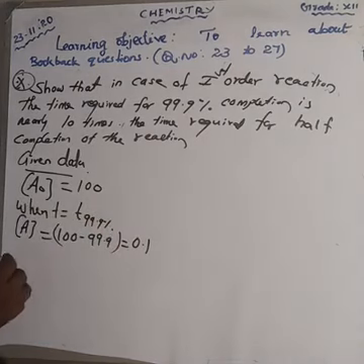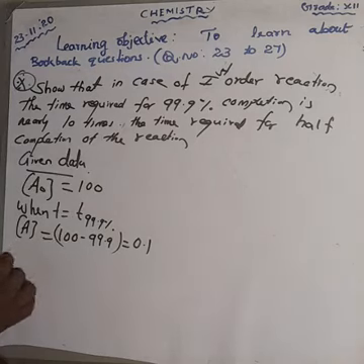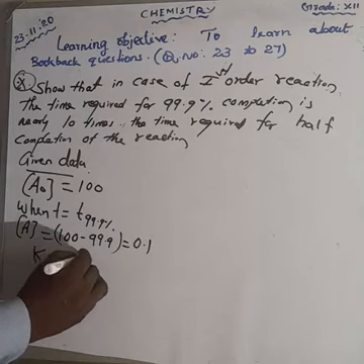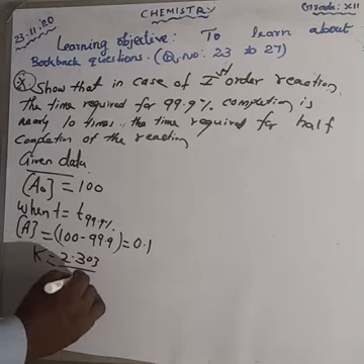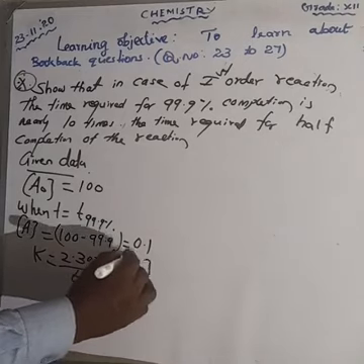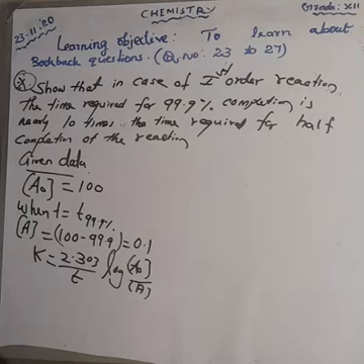Which formula is applicable? K is equal to 2.303 by T log of A naught by A. This formula can be applied.